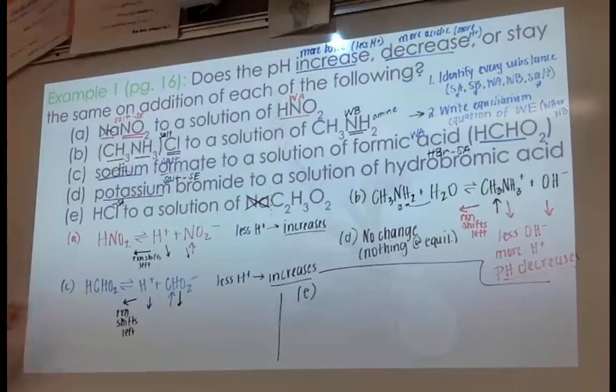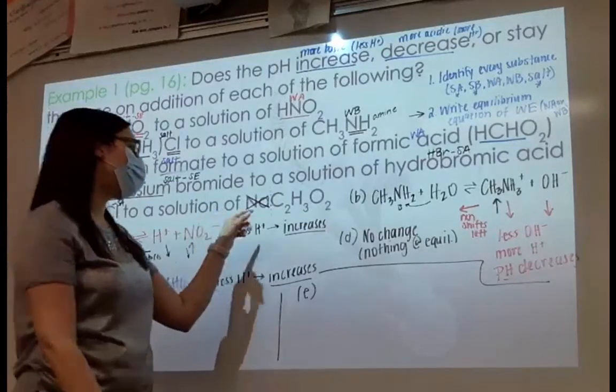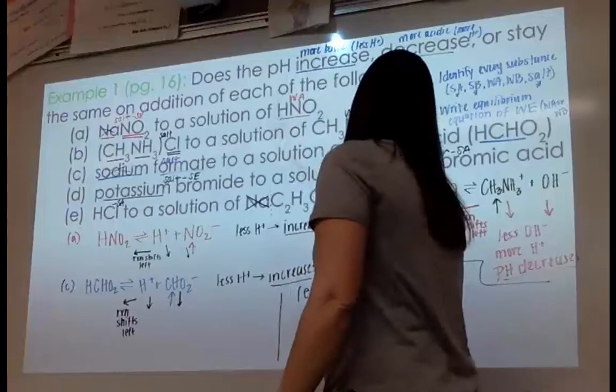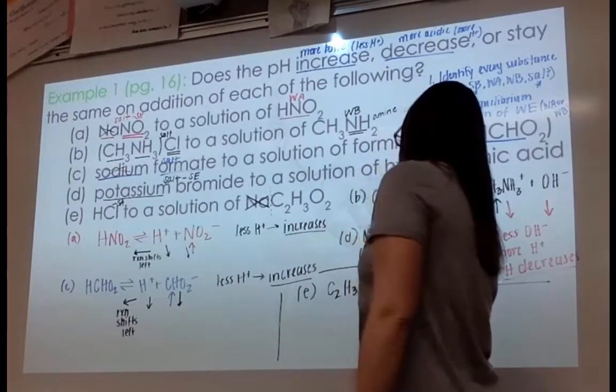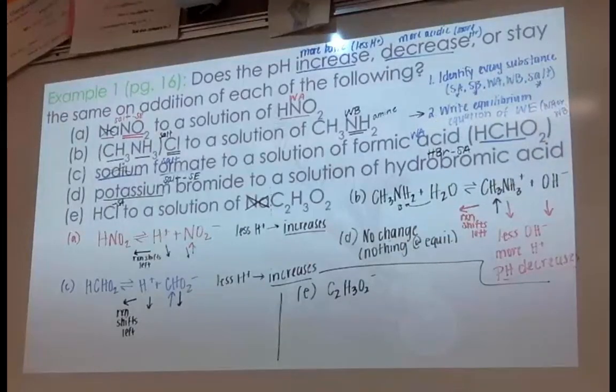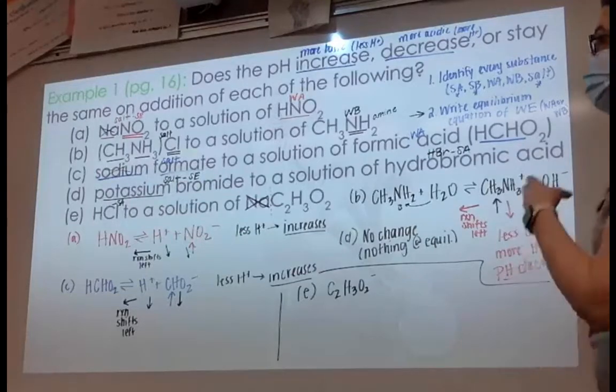So part E, because we have a solution of sodium acetate, acetate, C2H3O2 minus, is actually what we will have in the solution. Acetate, if you look at the do now, is a weak base because acetic acid is a weak acid.